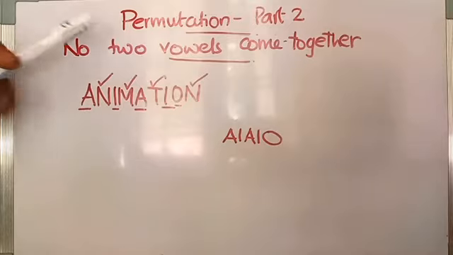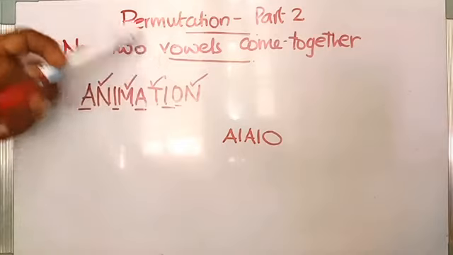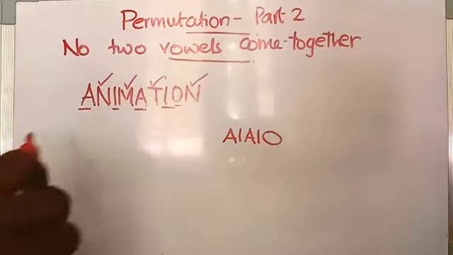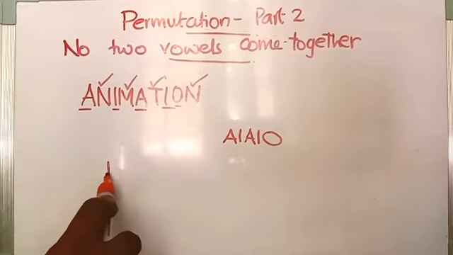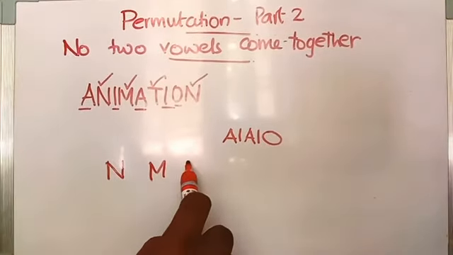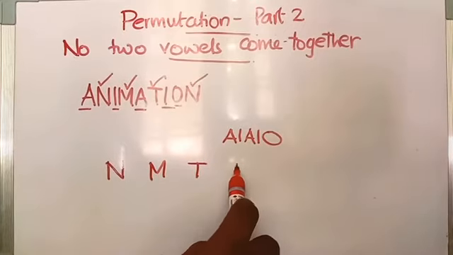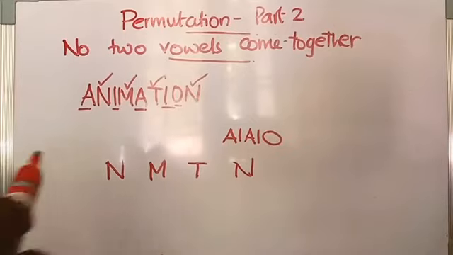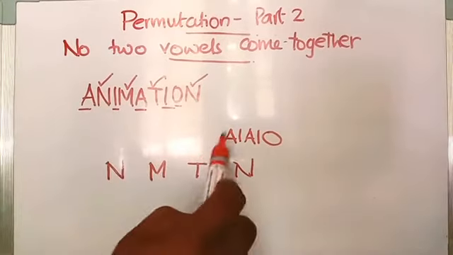Our question is about vowels, that means we have to arrange the consonants first. So let's arrange the consonants first, like N, M, T, N. Okay, so these are the consonants now.